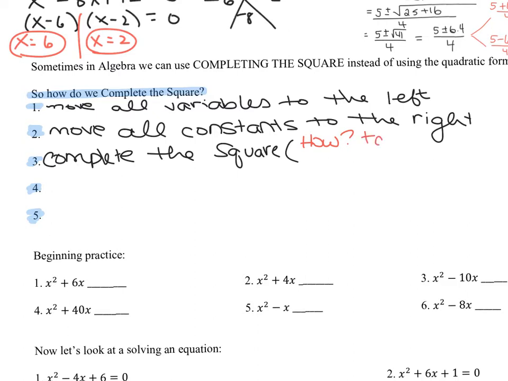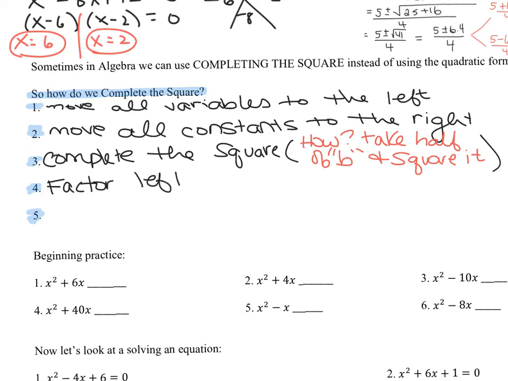Take half of b and square it. And I'll explain what all this means here in a second. But for now, we're just going to write it all down. So I'm going to complete the square by taking half of b and squaring it. Step 4, factor the left side.